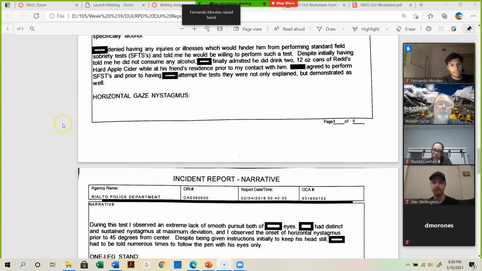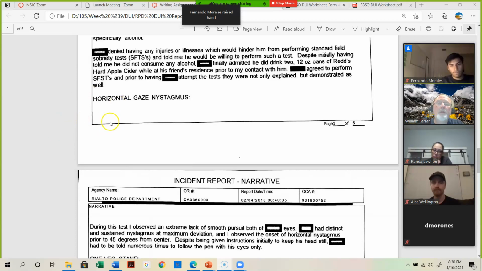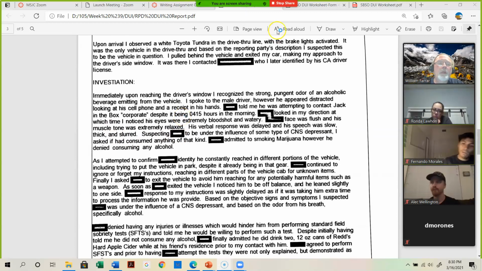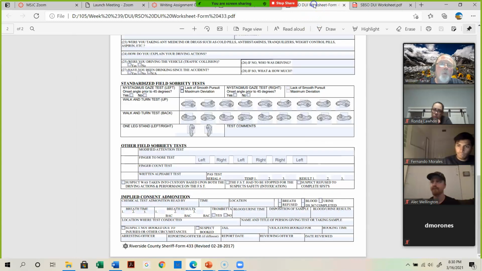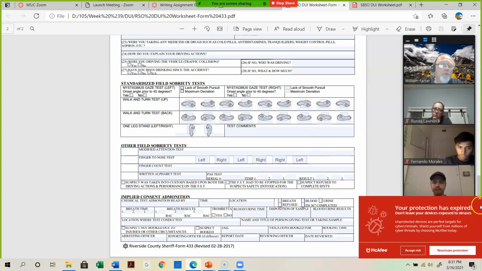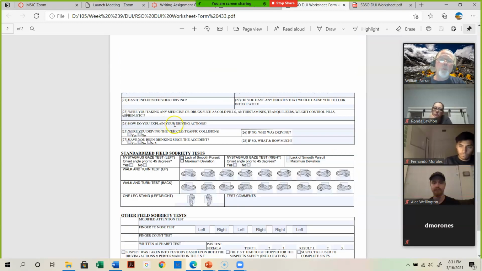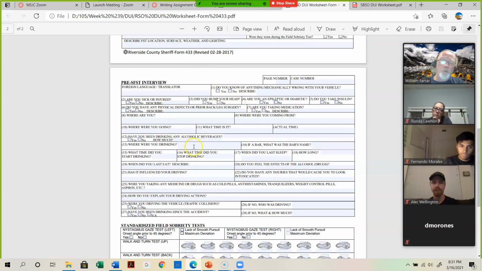Is this document under the links? Yeah, so the DUI worksheets, if you want to do one of the worksheets, you can. You don't have to. If you want to be spectacular and go for the gusto, you can. I just wanted you to know that some agencies use this for notes and some actually have you attach it to the report.